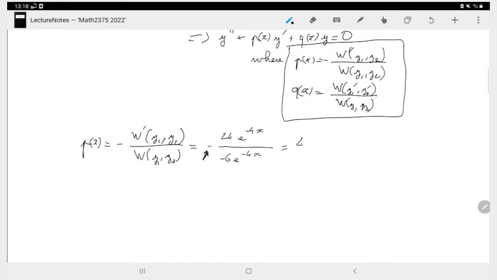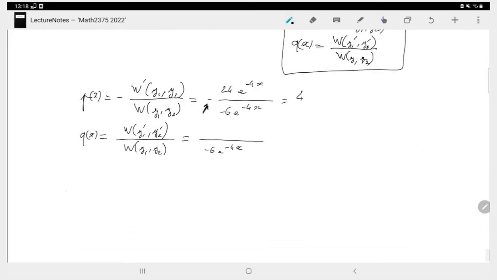Okay. Now we need to calculate q of x. And q of x is the Wronskian of the derivatives of our functions divided by your usual Wronskian. Here we have something in the numerator that looks complicated, but let's just write down the denominator first. And to look at the numerator, there's a trick.